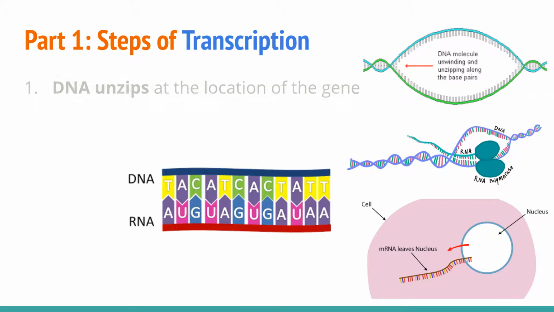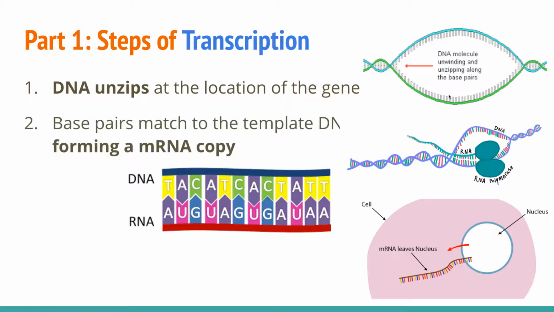And what happens then is that DNA gets transcribed. So DNA unzips at the location of the gene. So it comes apart because remember, DNA is a double helix. And then base pairs are matched to the template of DNA, forming a messenger RNA copy.